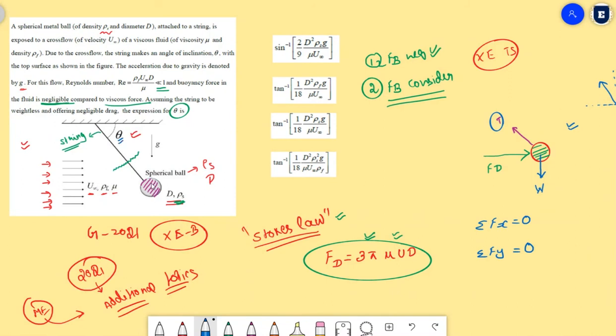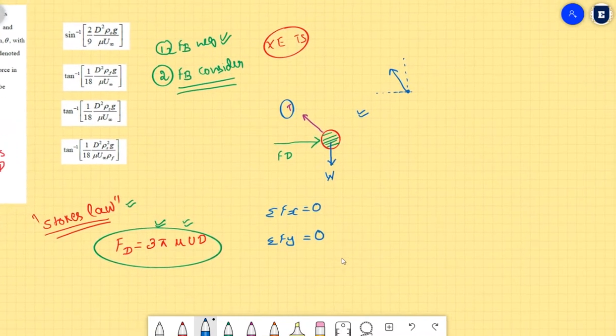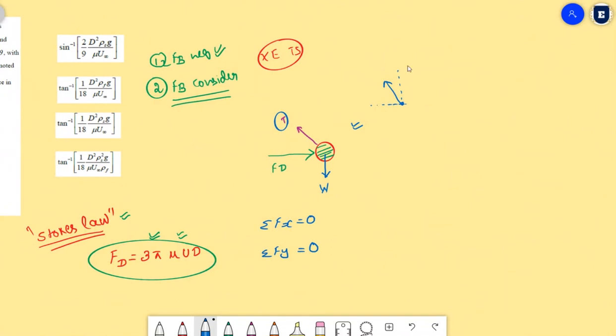So if I draw a line like this, what will be this angle? This is theta, so this is 90 degrees, so this angle is going to be 90 minus theta, from basic trigonometry, basic geometry.